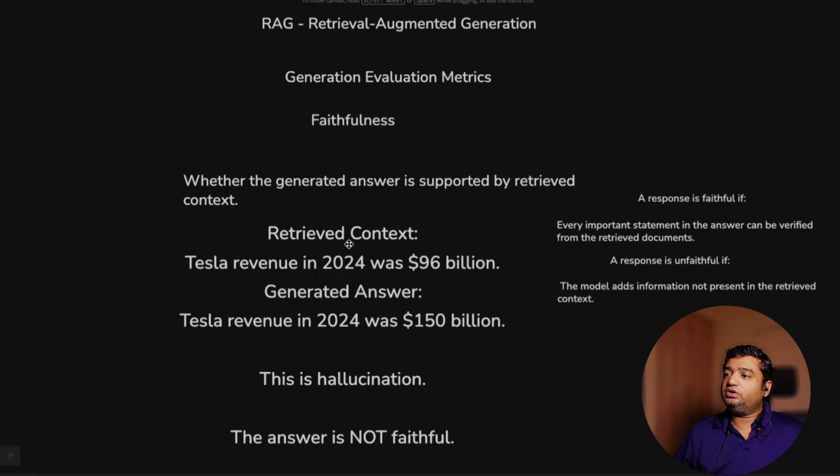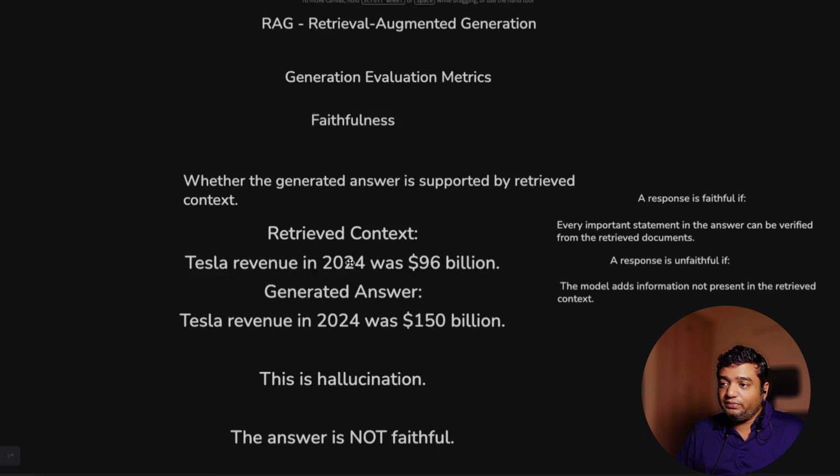For example, you asked a question about Tesla revenue. The retrieved context from the chunks says Tesla revenue in 2024 was $96 billion. You got this from the vector database. Now the LLM generates the answer: Tesla revenue in 2024 was 150 billion.